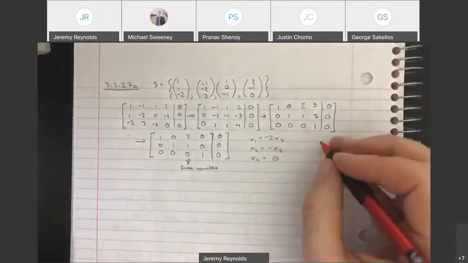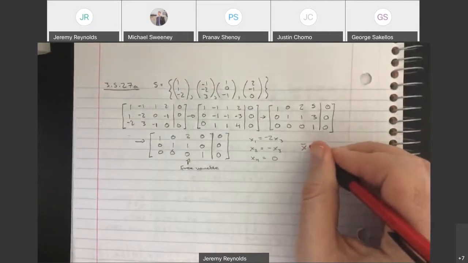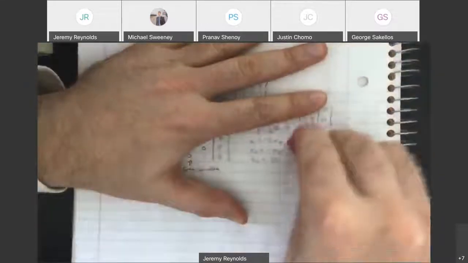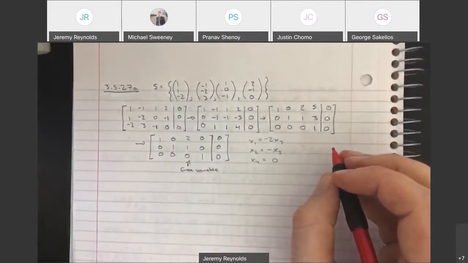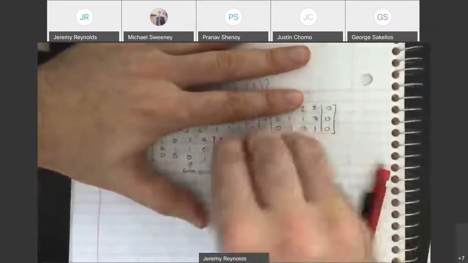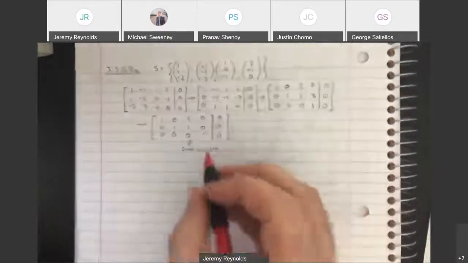So that our solution is going to be x, sorry. Oh shoot, I'm doing unnecessary work. So that would be finding the null space. We don't have to find the null space, we're just finding the basis. So we're finding the basis of W.